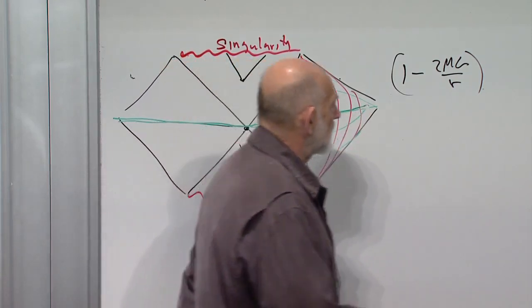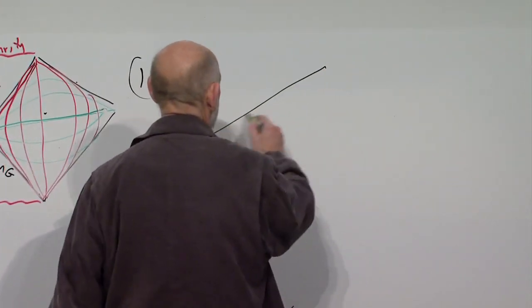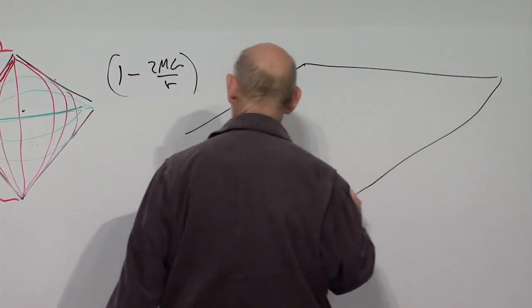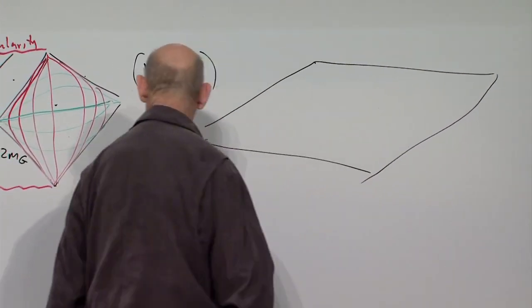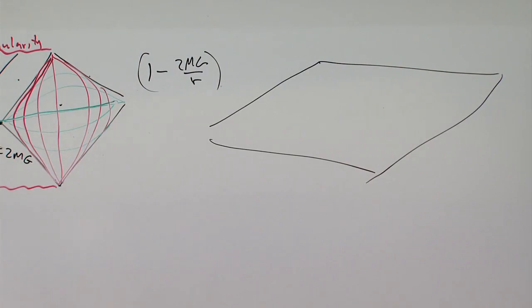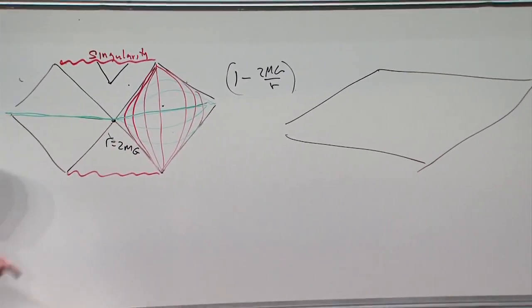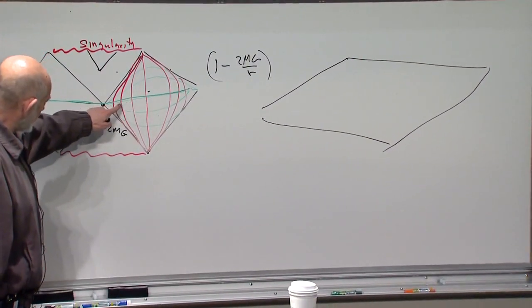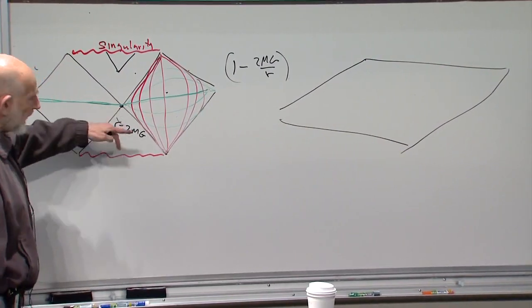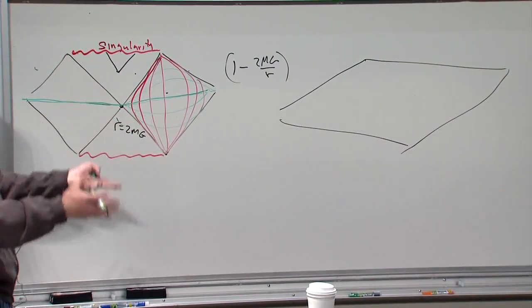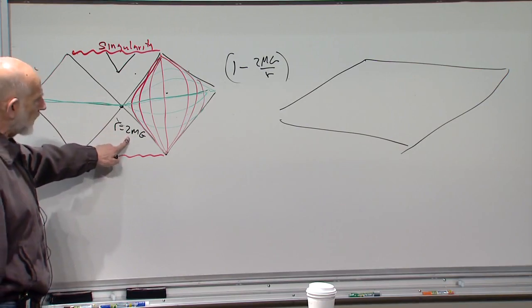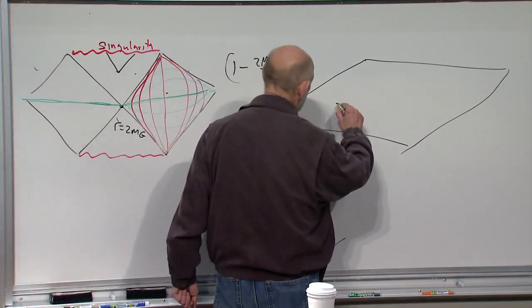Okay? So you see a very big region of space. I'm just drawing it as a plane. As you come in, you move in closer and closer to this horizon. What happens to the radius of the sphere? It shrinks down to r equals 2mg. So you could draw that like this.